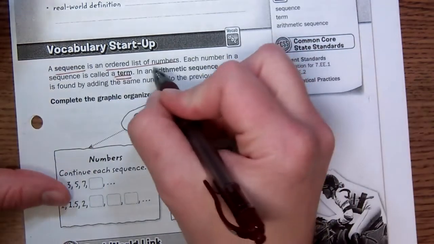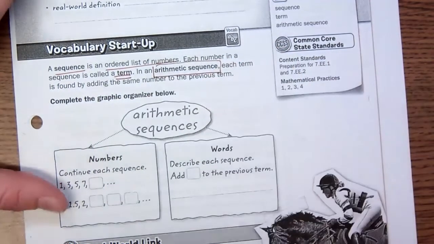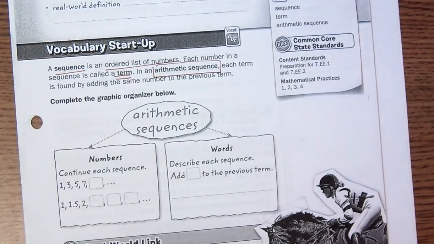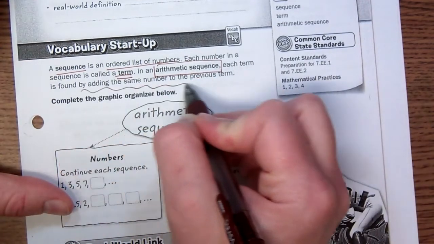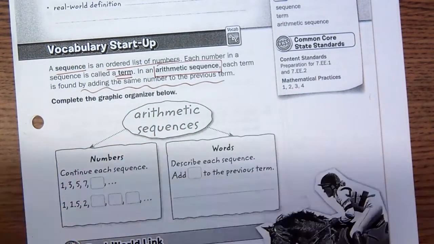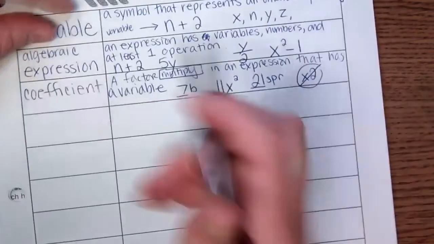Okay, so an arithmetic sequence is a special kind of sequence. That's the one we're talking about today. And it's found when you add the same number to the previous term. So let's add that to our sheet.